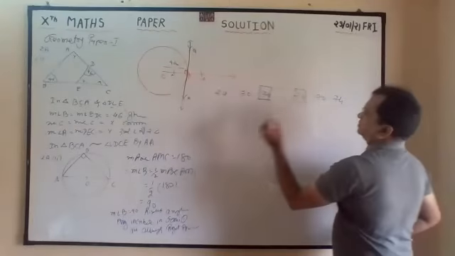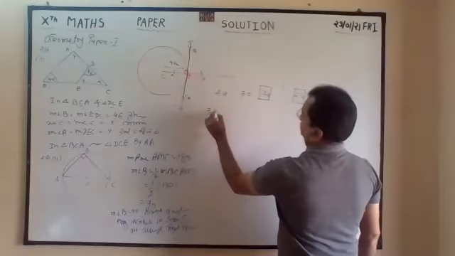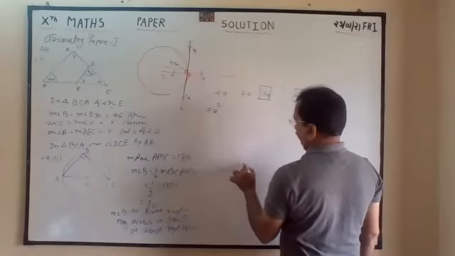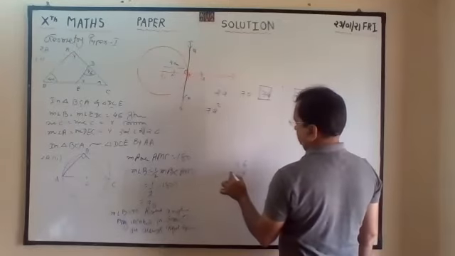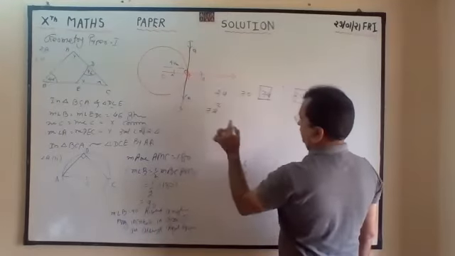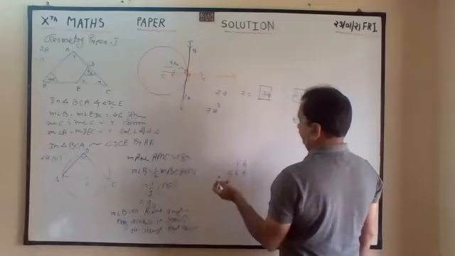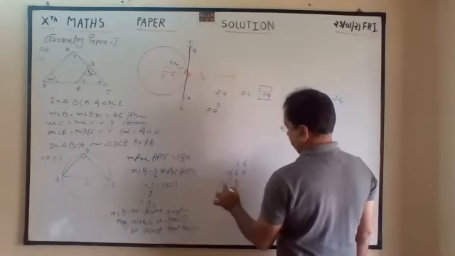So highest square, 74 square: 4 fours are 16, 7 fours are 28, into 56, 7 sevens are 49.